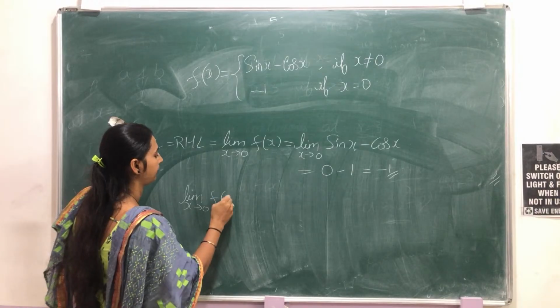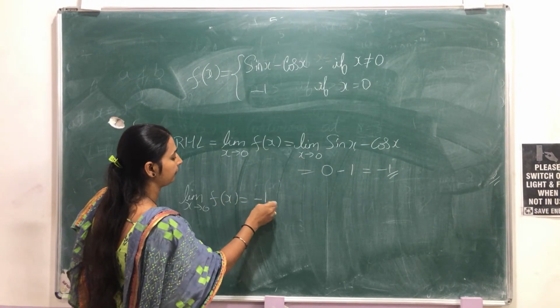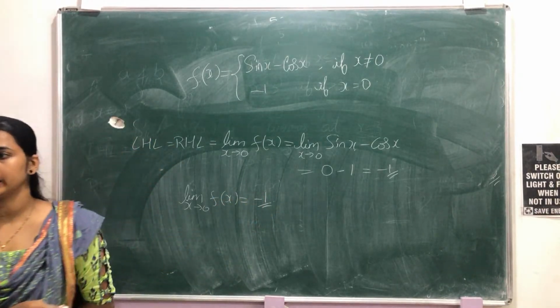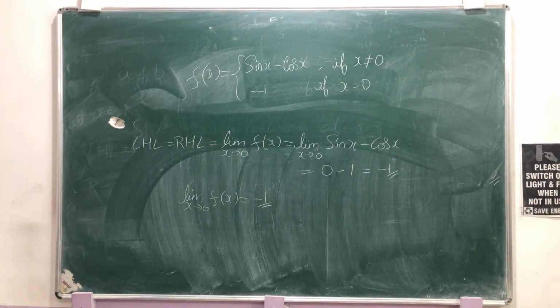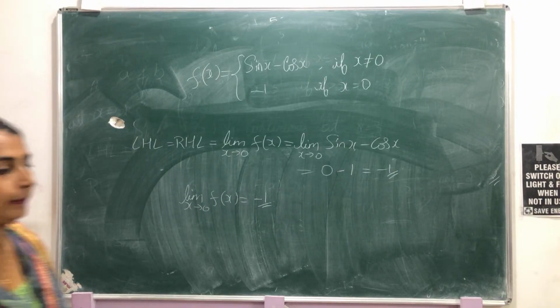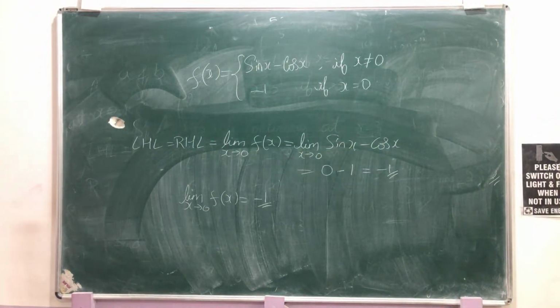They have given minus 1. Since both are equal, it is continuous. Continuous at where? What is the point of discontinuity? No point of discontinuity.